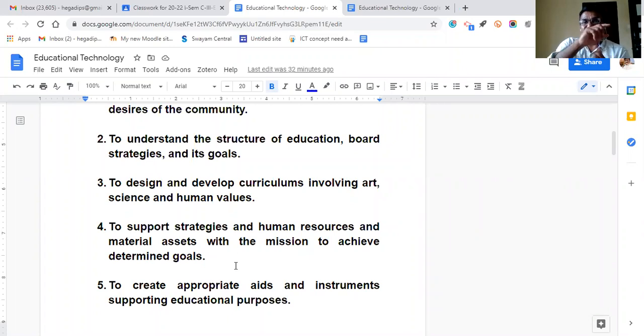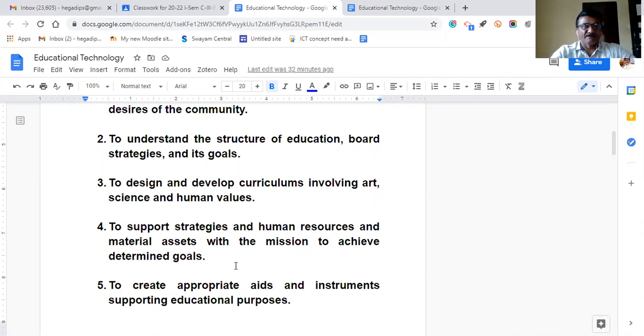Understood? This mission altogether certainly will help us to reach the goal. Okay, mission means it is a vehicle. It comprises human and non-human resources, including the strategies, methods, materials, etc.